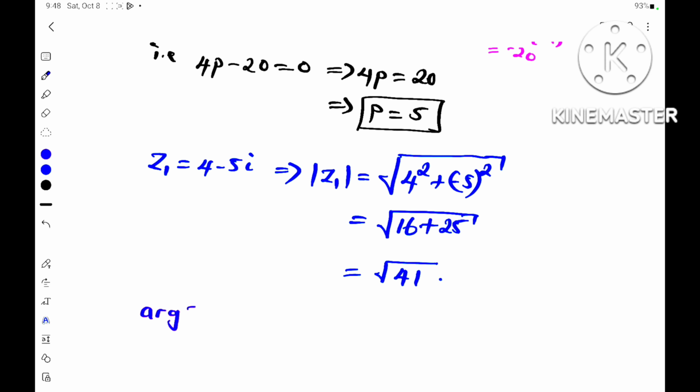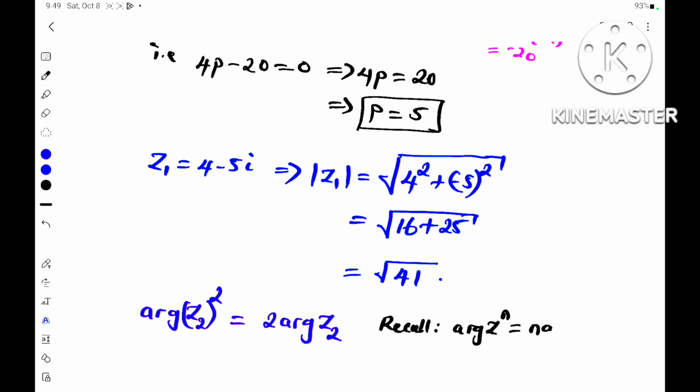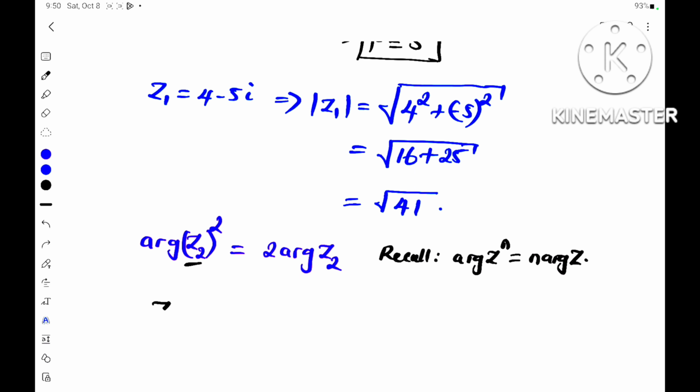The argument of z2 all squared is simply 2 times the argument of z2. Recall that the argument of a complex number z raised to the power n is just equal to n times the argument of z. So the argument of z2 raised to the power 2 is simply 2 times the argument of z2. We know that z2 is given to be p plus 4i, but p is equal to 5.